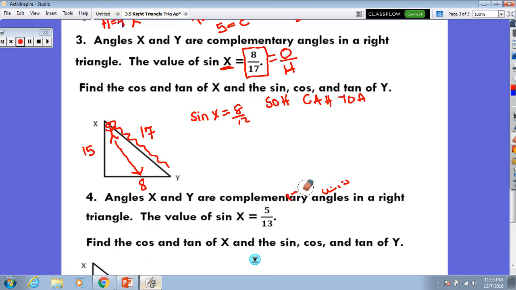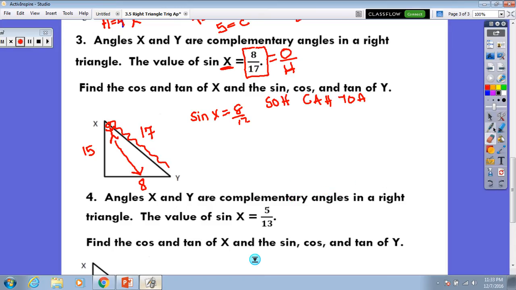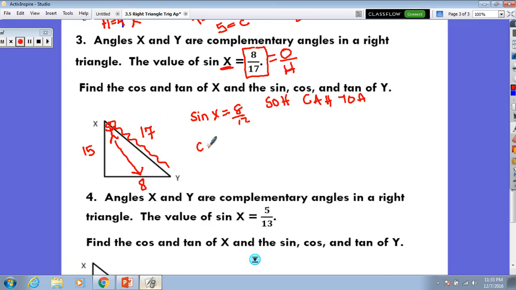So remember, we have to do the sine, cosine, and tangent of x, and then the sine, cosine, and tangent of y. Well, we already have the sine, so let's do the cosine of x. So that means we're looking at it from x's perspective. Cosine is adjacent over hypotenuse. Well, we know this is the hypotenuse side, this is opposite, and this is adjacent, looking at it from x's perspective.